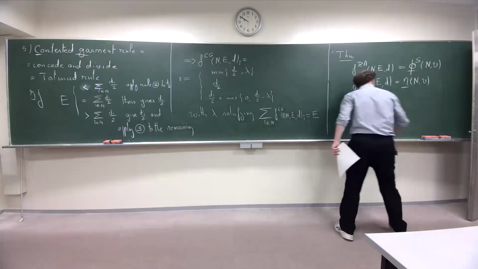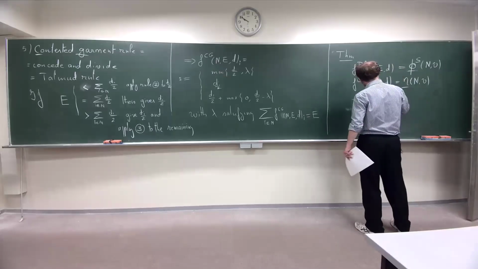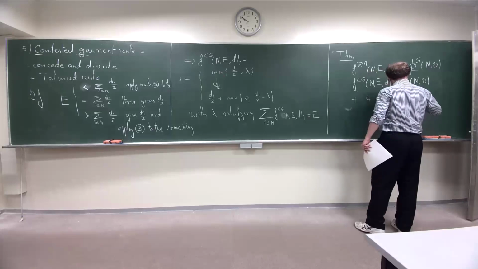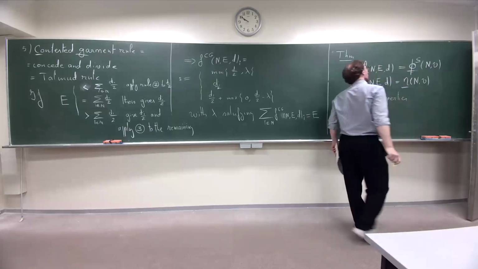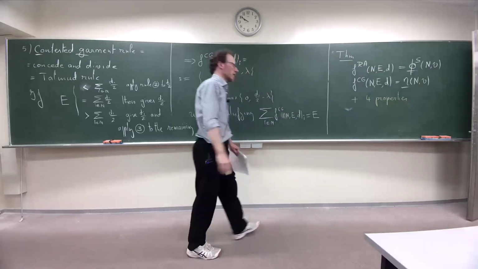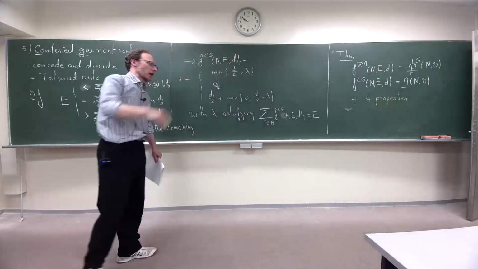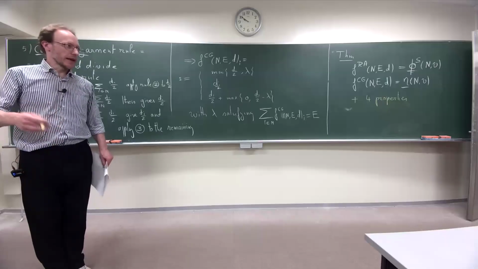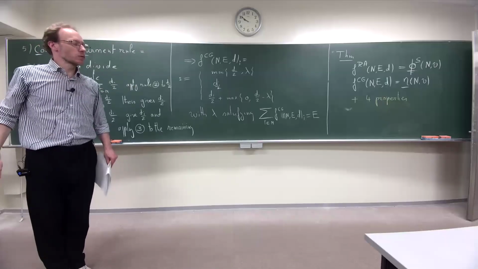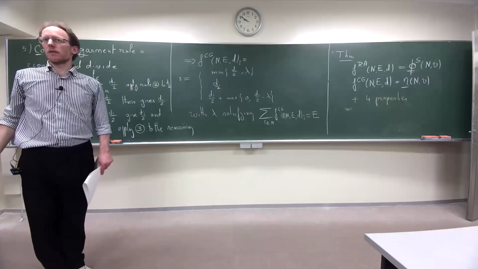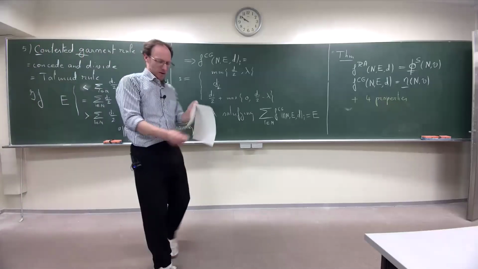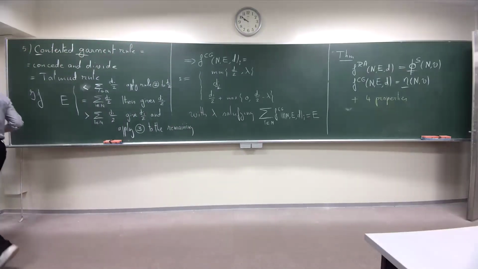And what you get for free is the 4 properties, because the Shapley value respects 4 conditions, and the nucleolus also has some special properties. So for free, you get that these division rules satisfy some conditions. All right, any question or remark?